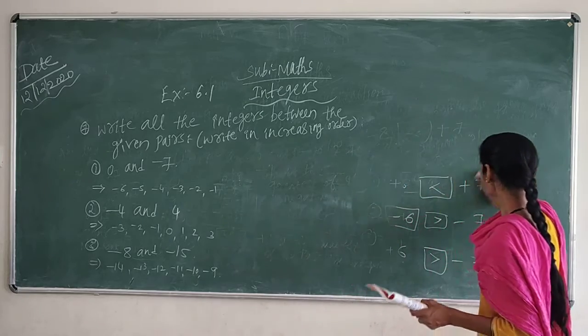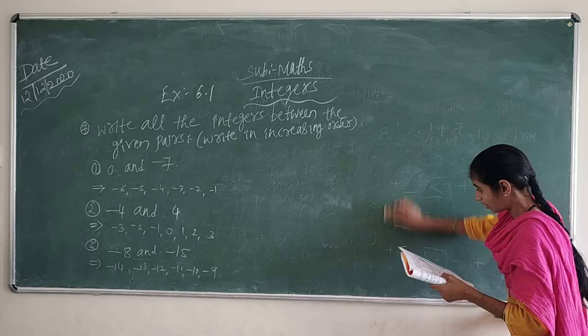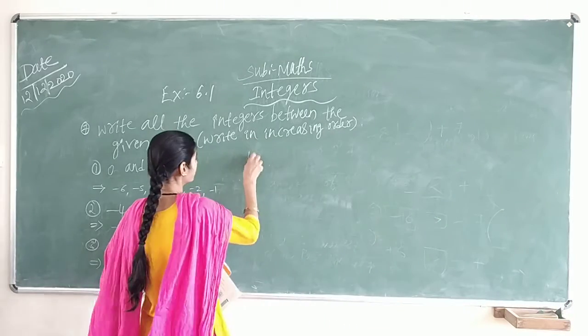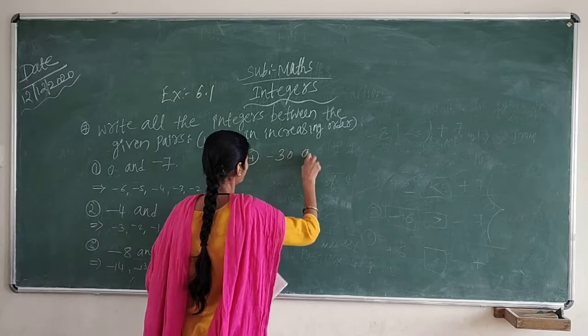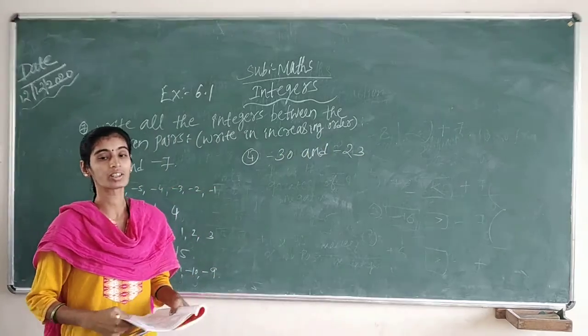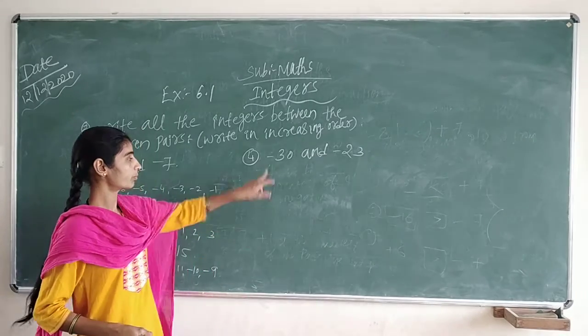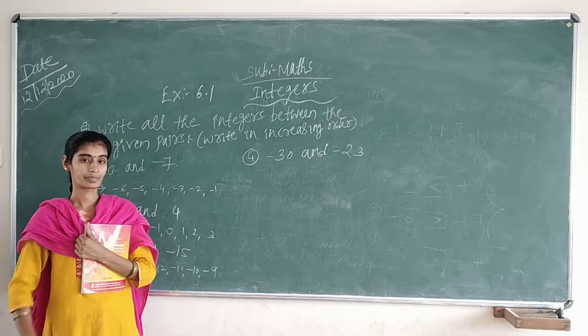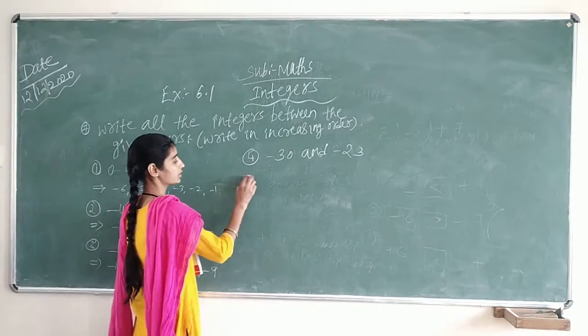Please try it, children. Last question, the fourth question: minus 30 and minus 23. Write the integers in increasing order between minus 30 and minus 23. Please try it. Yes, they are very simple.